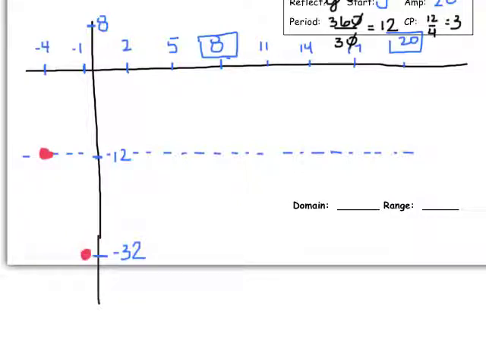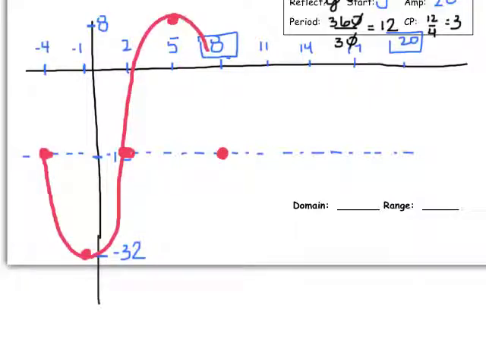I'm not using the y-axis because the y-axis is not part of my critical point. So I'm going to use the -1, and then the 2 is the next one. This is my next dot. And then the 5 is where I go all the way up, and then the 8 is where I go back to the center. If you want to go ahead and draw this first cycle, since this is our first sine, we can draw that in just so you can see what that first cycle looks like. So sine is reflected, so that's why we're going down first, around, and back.